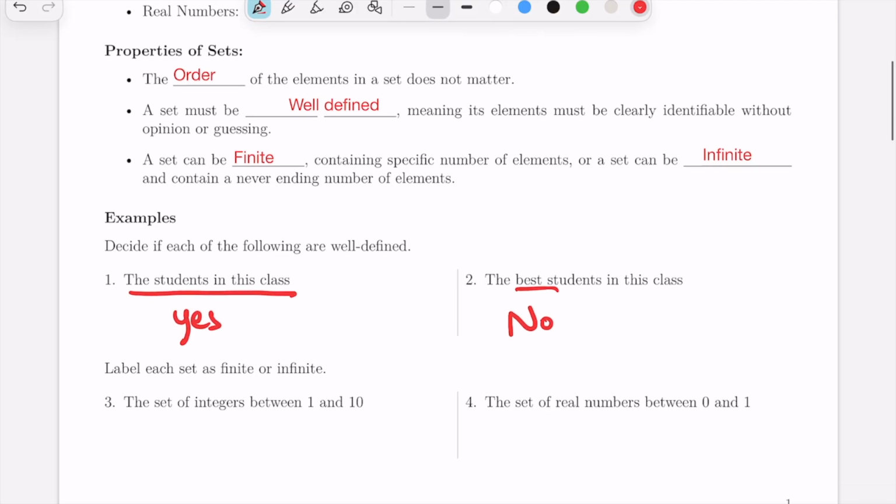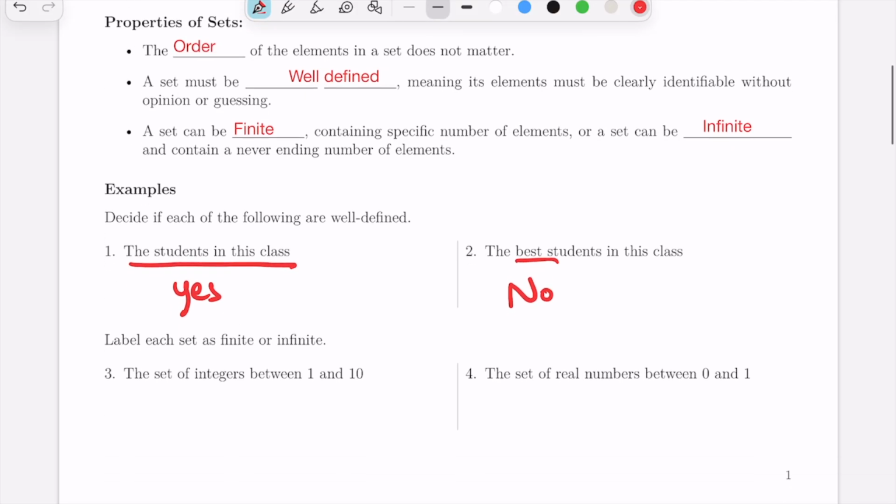Let's label these whether they're infinite or finite. The set of integers between 1 and 10. Well, if I wanted to make a list of integers, so I have a set of integers, and I want the set of integers between 1 and 10.